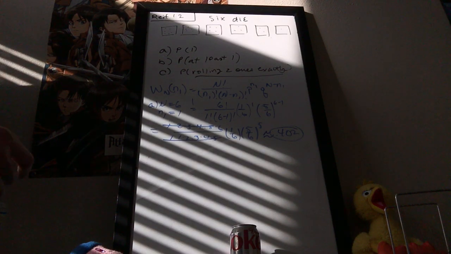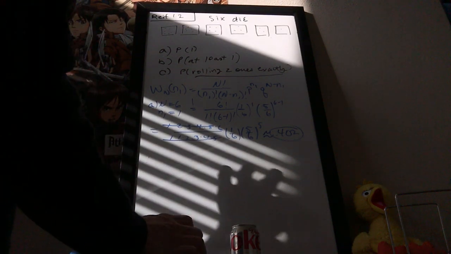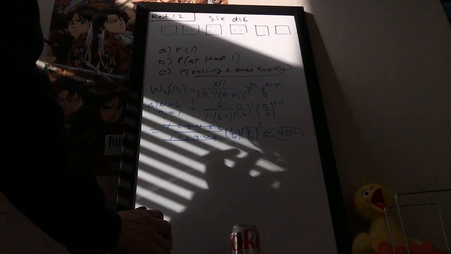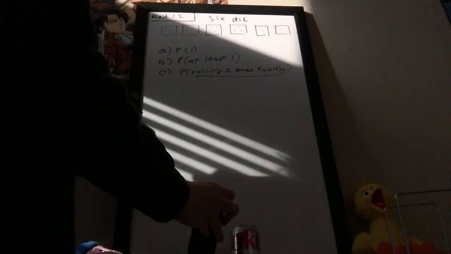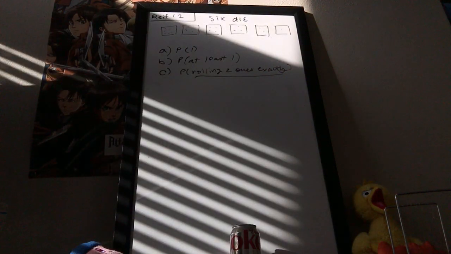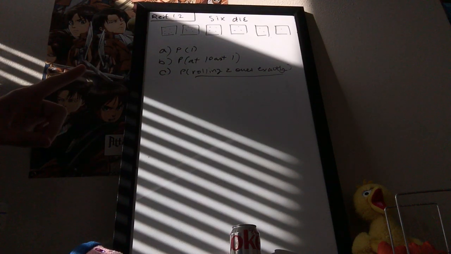Okay. Part B, we want to know the probability of getting at least 1 of these. So the probability of getting at least 1 of these should be your total probability of rolling anything at all minus the probability of getting exactly 0.